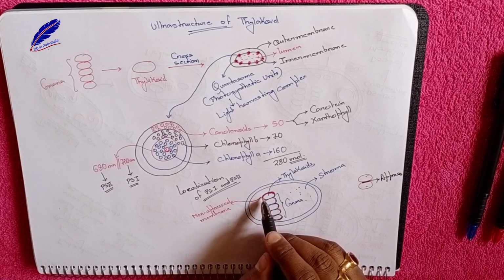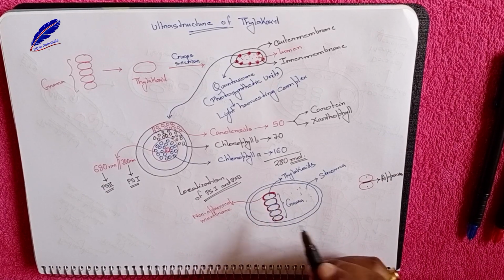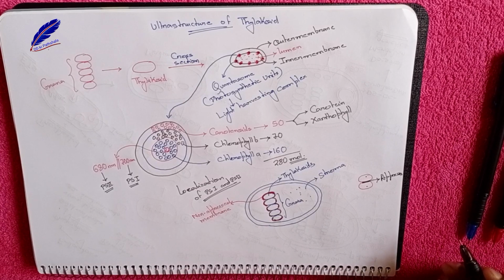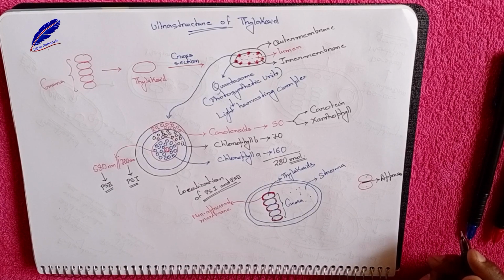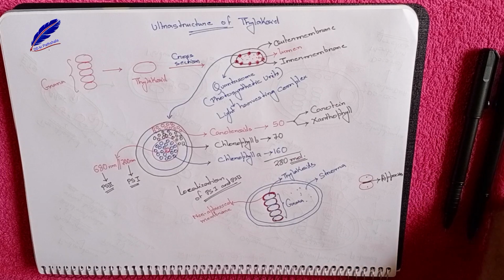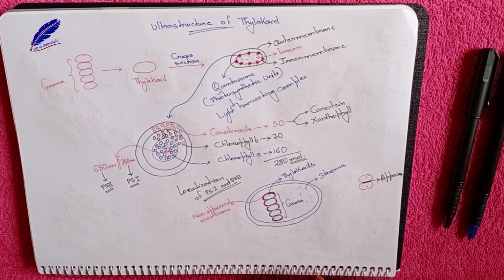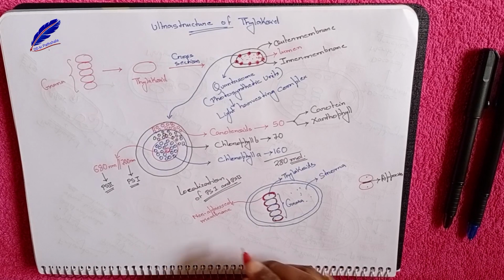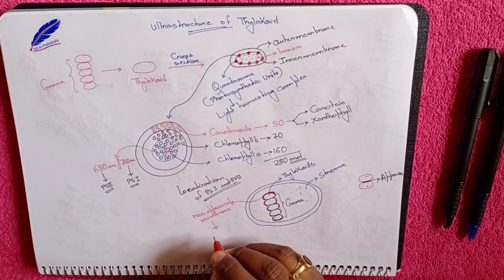But the sides that I have demarcated with the red mark are not touching anything. So they are called the non-appressed membrane, or they are considered as stromal thylakoid.